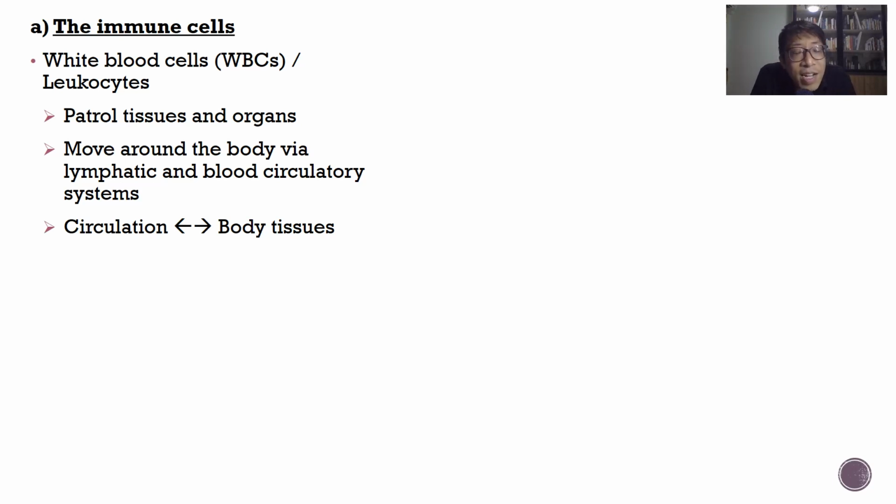As immune cells, obviously they would move around the body to detect the presence of any pathogens, and they move around the body via the blood circulatory system, which you should be familiar with from secondary school, and also the lymphatic system, which is another circulatory system in the body.